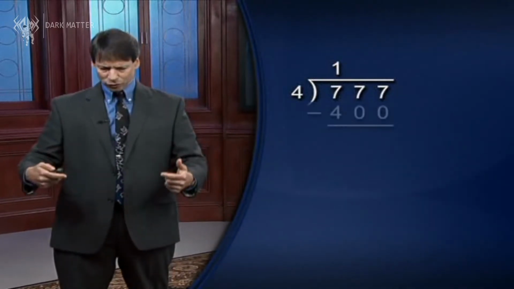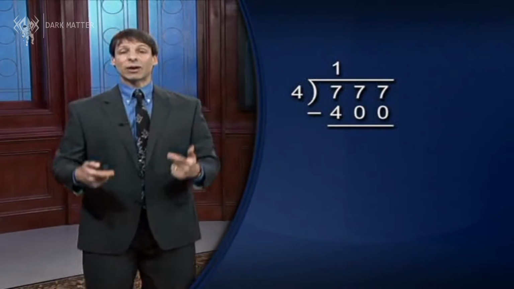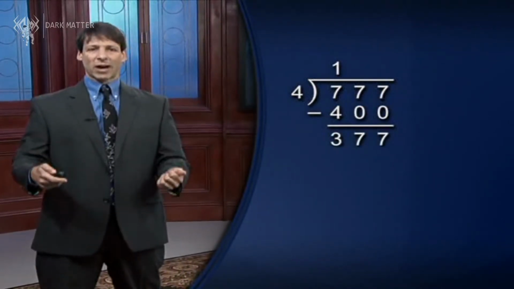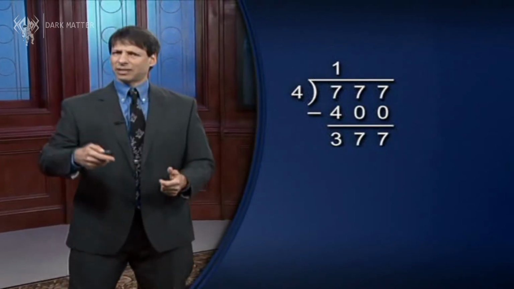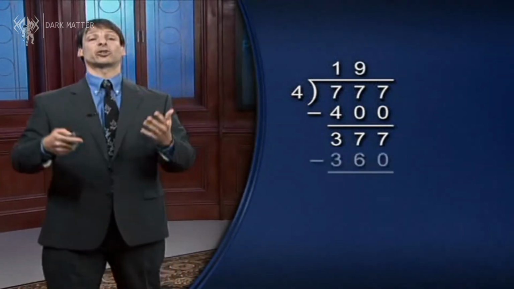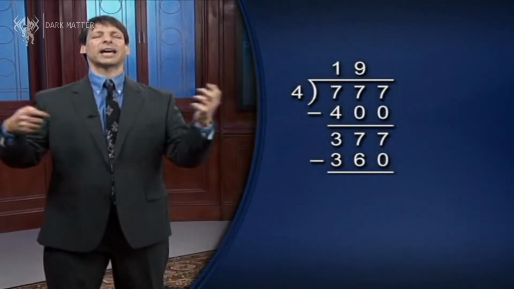4 times 100 is 400. Subtract that from 777. So now you have a new problem, 377 divided by 4. Now let's see, 4 times 9 is 36. So 4 times 90 is 360. Okay, so I can go and say the 90, right?